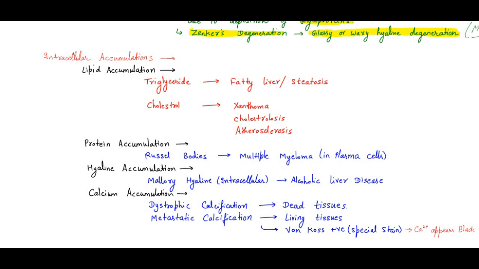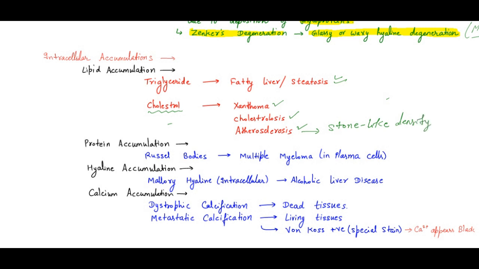Triglyceride will lead to fatty liver or steatosis, the reversible stage. If you have cholesterol deposition, it can lead to xanthoma, cholesterolosis, or atherosclerosis. In atherosclerosis, we find a stone-like density.